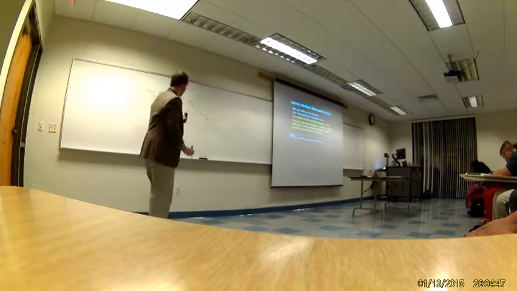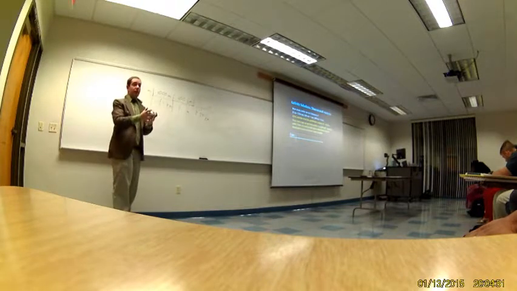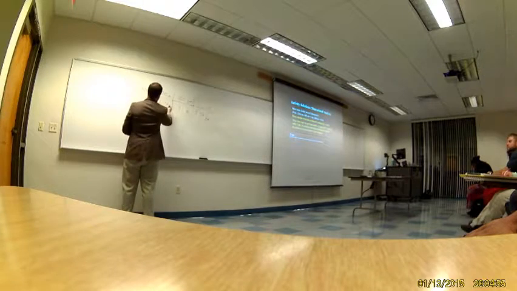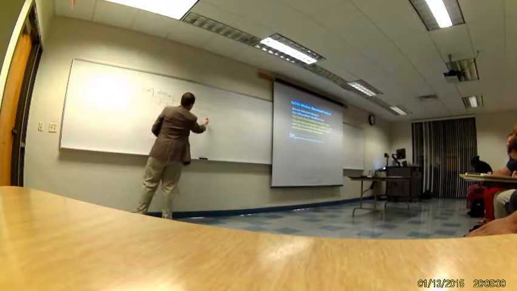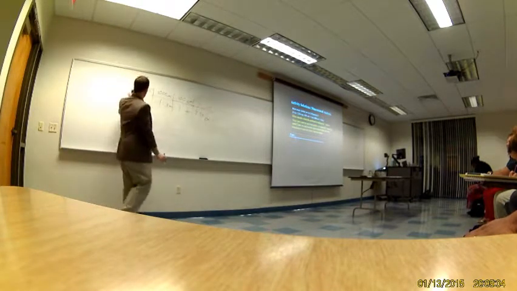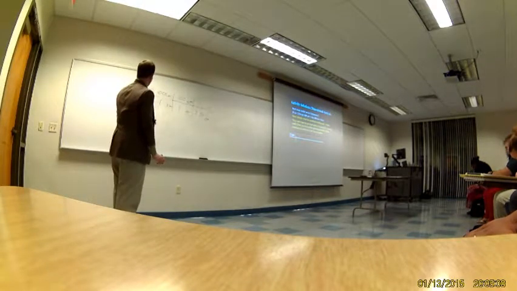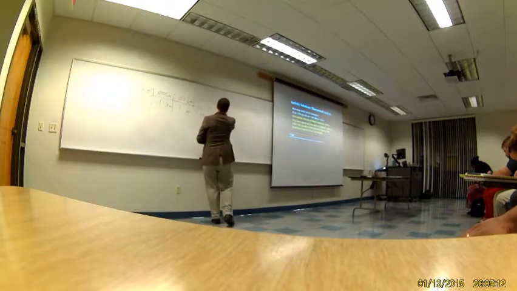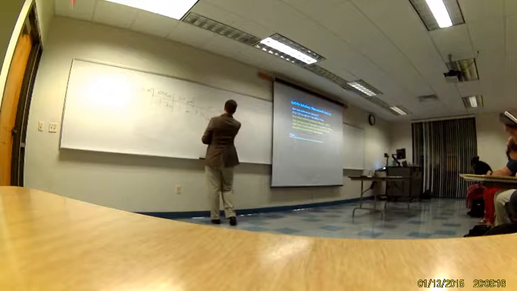Okay, now I can make sure that all my units cancel. They're going to because I purposely did that as I went. So kilometers cancel, meters cancel, centimeters cancel. All I'm left with is inches. So I multiply everything across the top, and what do I get? 2,000 times 100 gives 200,000.